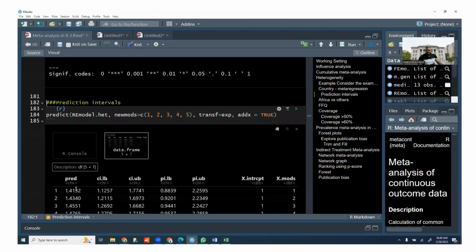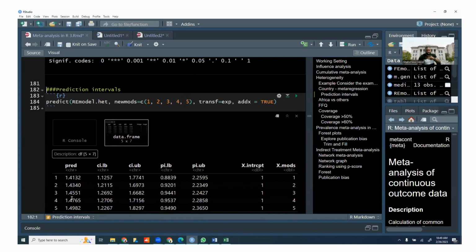It means that in Australia, if you did a media campaign, there was a 1.41-fold increased likelihood that people were going to be consuming more than 5 servings per day of fruits and vegetables. And the next one is for Canada, and the next one is for Nigeria, Tanzania, and the US, right? So this is really what you're doing with the prediction interval.